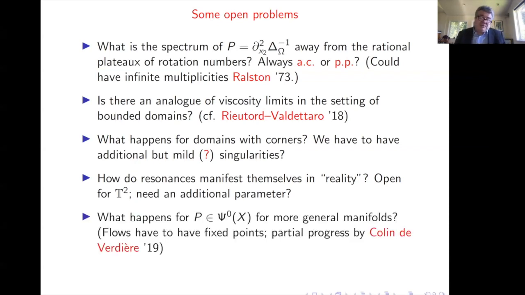And of course, the question is what happens for more general manifolds. And then you have fixed points. As I said, there was partial progress by Colin de Verdière, but the picture is not quite as neat and clear. And here maybe those numerical results of Nigam and her student would help. And of course, there is a question of stability and instability due to nonlinear effects, because after all, this is a linearized model.